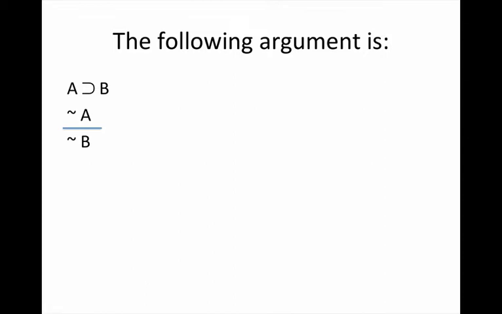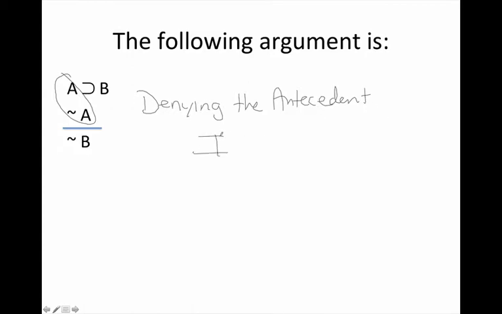All right, what do you think this one looks like? Remember, we talked about imposters. This is an argument that looks like Modus Tollens, but it's not, and that's because what's happening is we're denying the antecedent, and that is an invalid move.